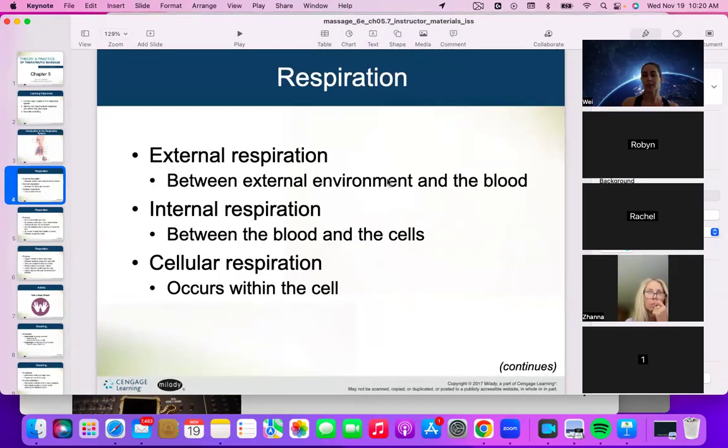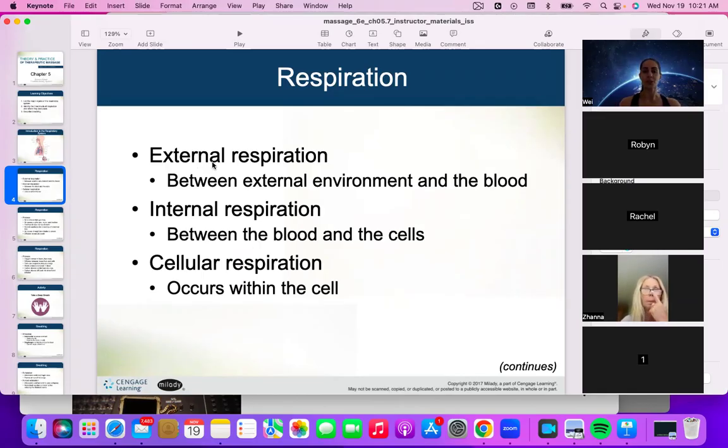That we learned, and that's how the blood gets oxygenated, through the lungs. And then the other side in the cardiovascular system is where the blood will be pushed out to the rest of the body. So the respiratory system works hand in hand with the cardiovascular system.